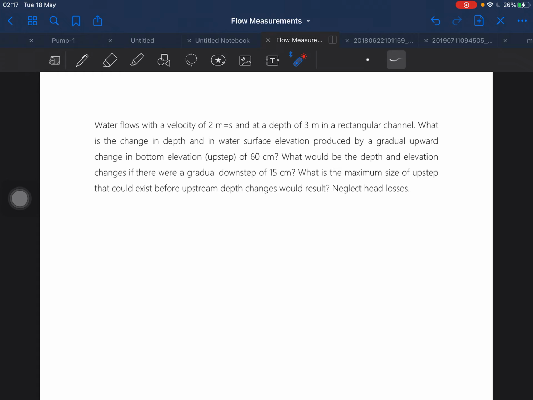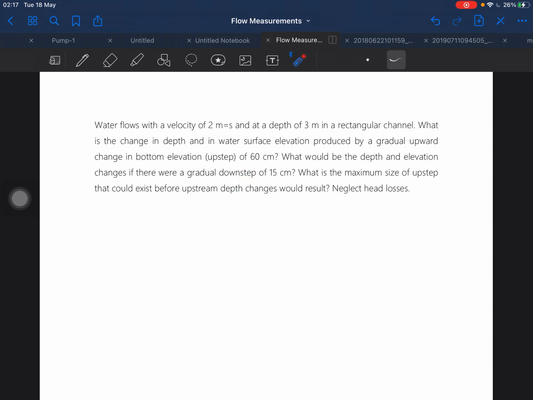The water flows with a velocity of 2 meters per second and a depth of 3 meters in a rectangular channel. What is the change in depth and in water surface elevation produced by a gradual upward change in the bottom elevation, an upstep of 60 centimeters? What would be the depth and the elevation changes if there were a gradual downstep of 15 centimeters?